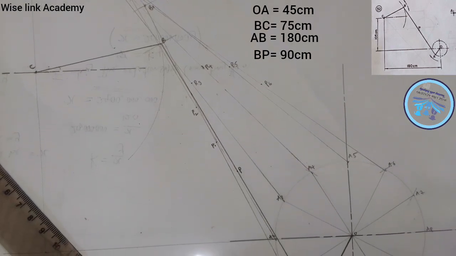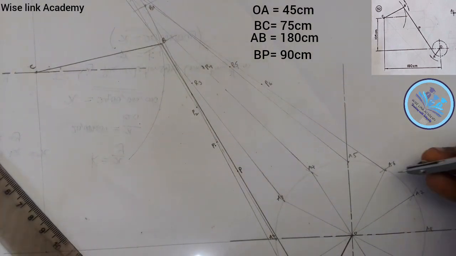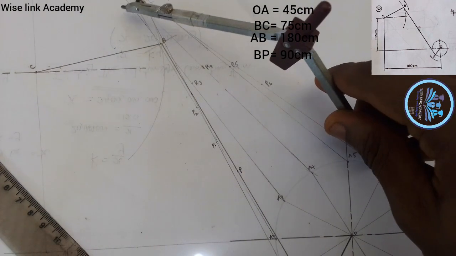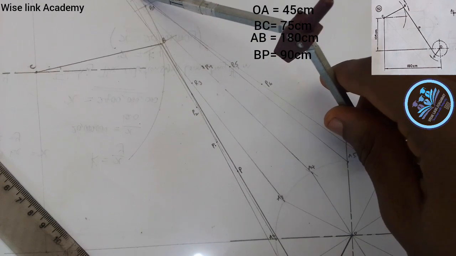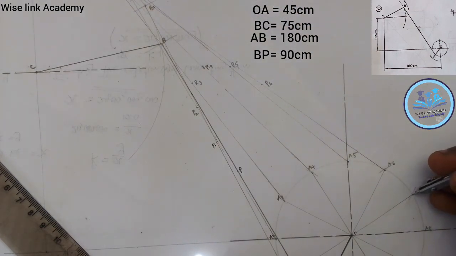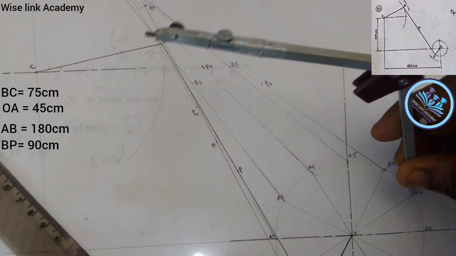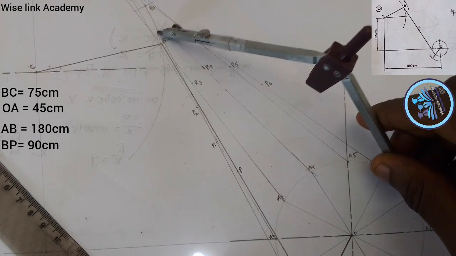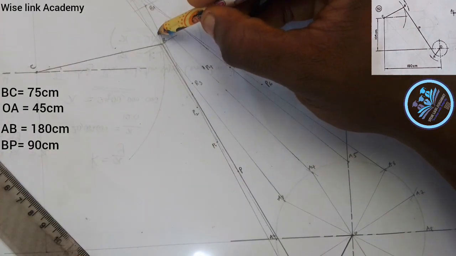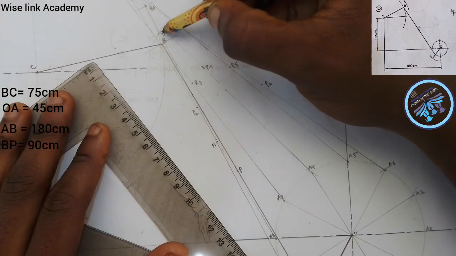Similarly, if I come to my point A7, I will take it where I took it for the other ones. I'll strike an arc with the same A7. This is my A7, alright. You take it, you used to cut an arc. It's cutting somewhere at this point here. So I'll call that point B7.